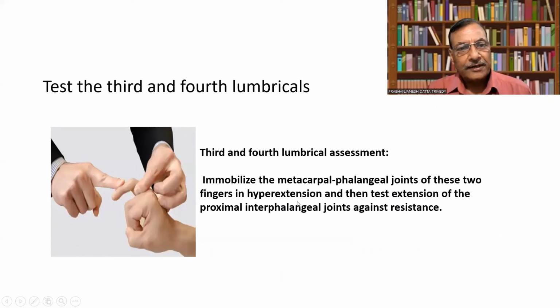So testing the third and the fourth lumbricals, immobilize the metacarpophalangeal joint of these two fingers in hyperextension and then test the extension of the proximal interphalangeal joint against resistance given by you as an examiner.